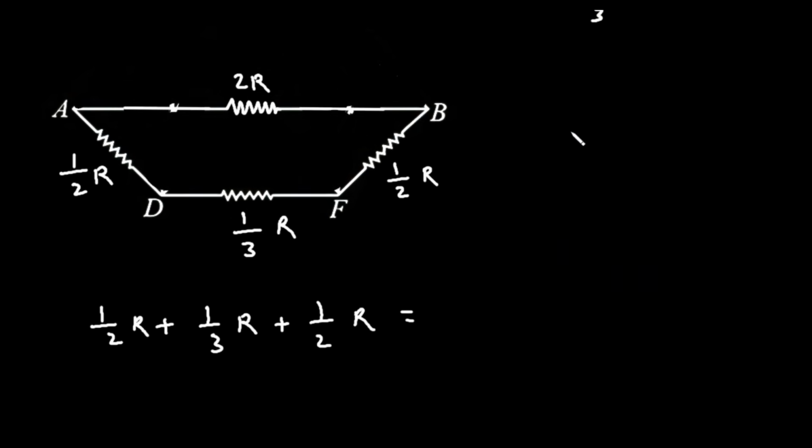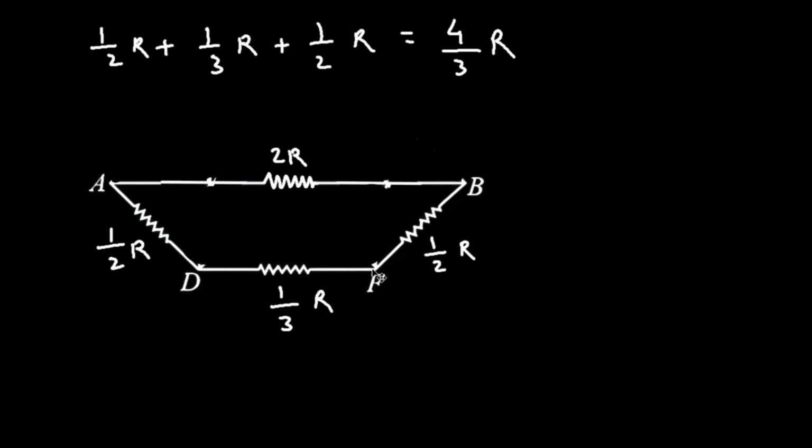It will be 4 by 3 R. 4 divided by 3 into R. Now again let's copy this circuit from here. Now we are solving this circuit step by step. So we can erase this resistance and this resistance, and this will be simply 4 by 3 into R.